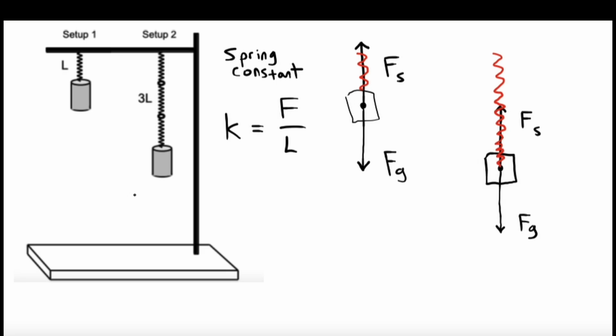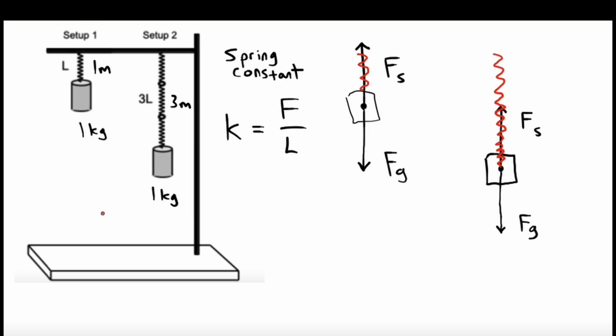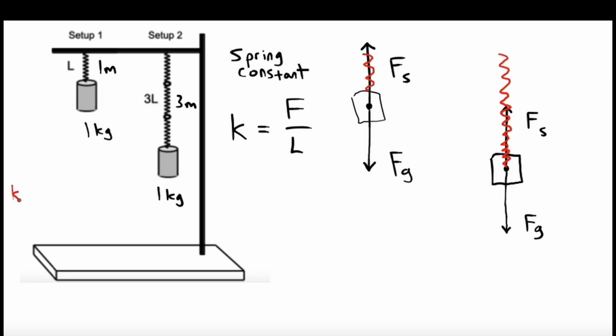Let's just put some numbers to it. Let's say that one spring is like 1 kilogram and 1 meter. Then on the other one, we've got 1 kilogram and 3 meters. If we were to do a sample calculation of their spring constants, the one would have a K equal to the force, which is the mass times g, divided by your length.